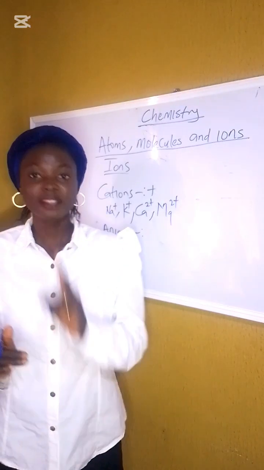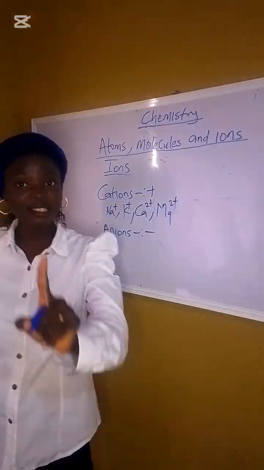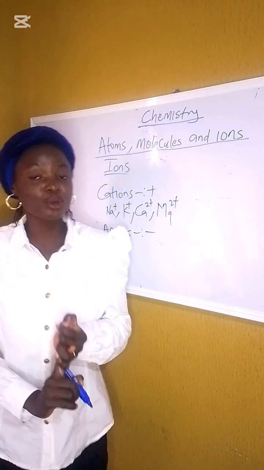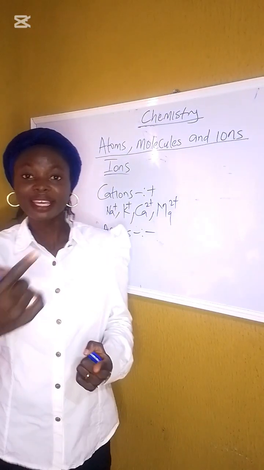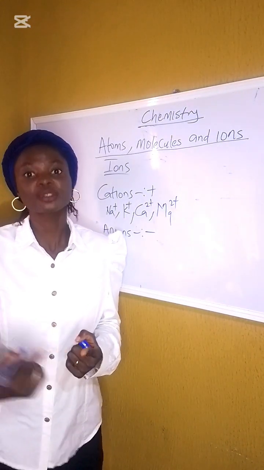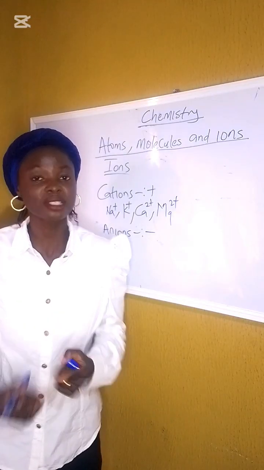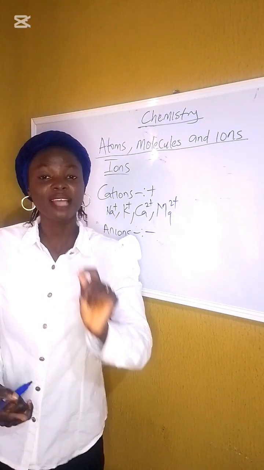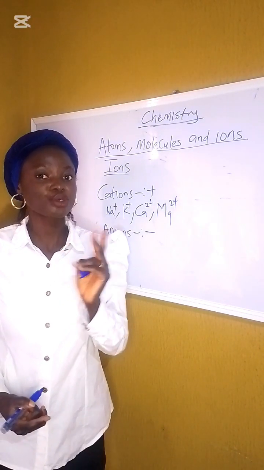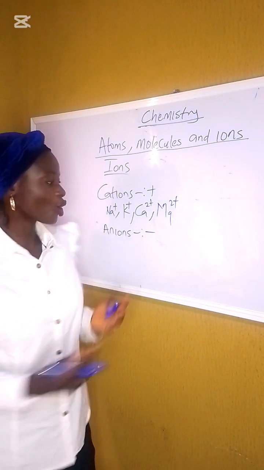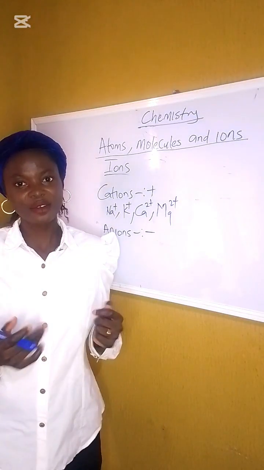Now, the second one is anions. Number one, you need to know that they are negatively charged. Number two, they are formed through gaining of electrons. And it is only non-metals that can gain electrons. Those are the three key points you need to note under anions. So if we combine the three key points together, what is an anion?